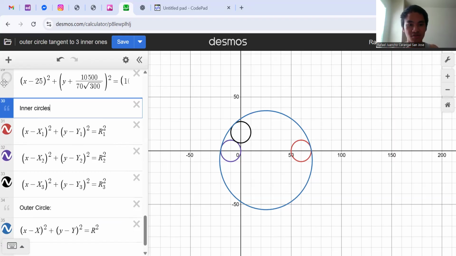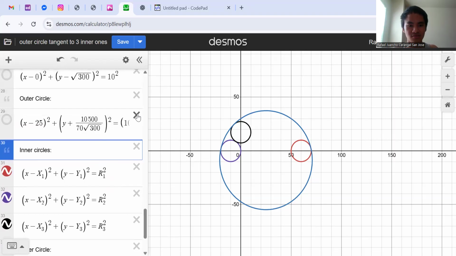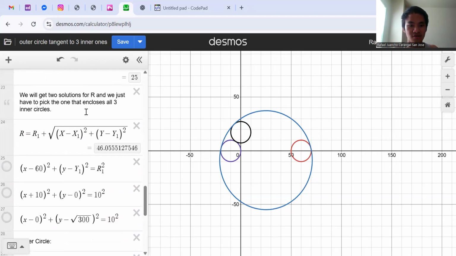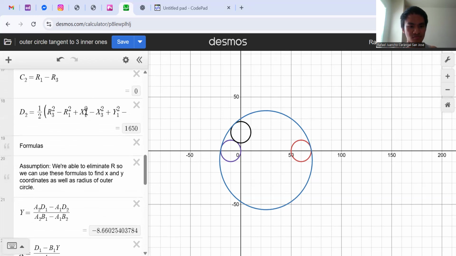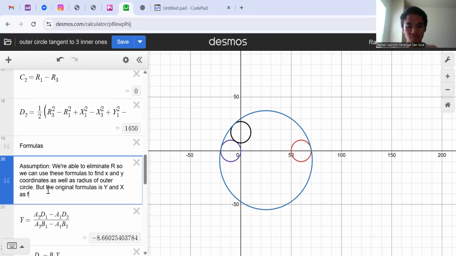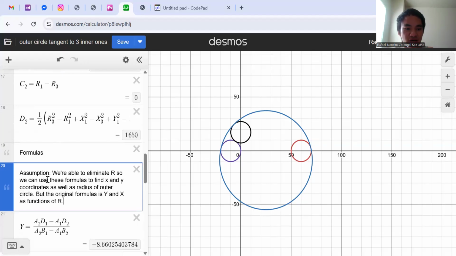So inner circles, outer circle, right? The original formula says that y and x are functions of r. We plug in an r, we get a certain y and x value.